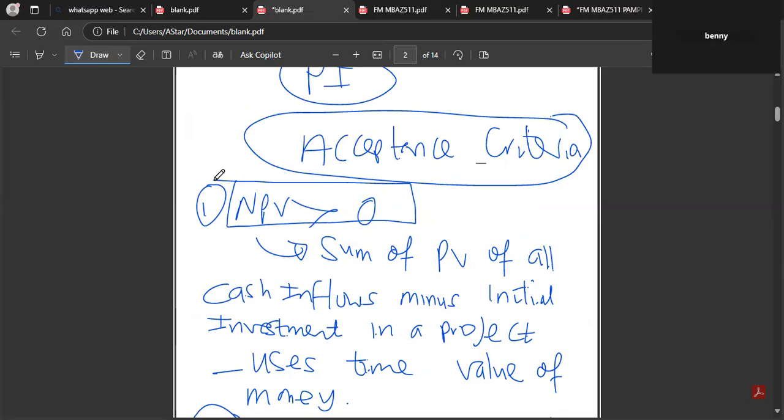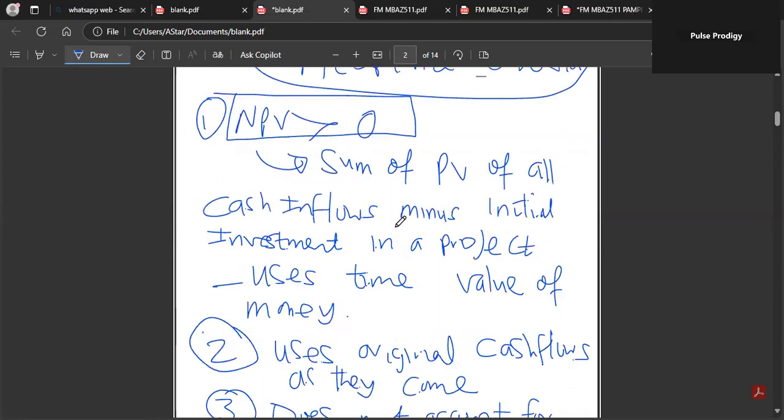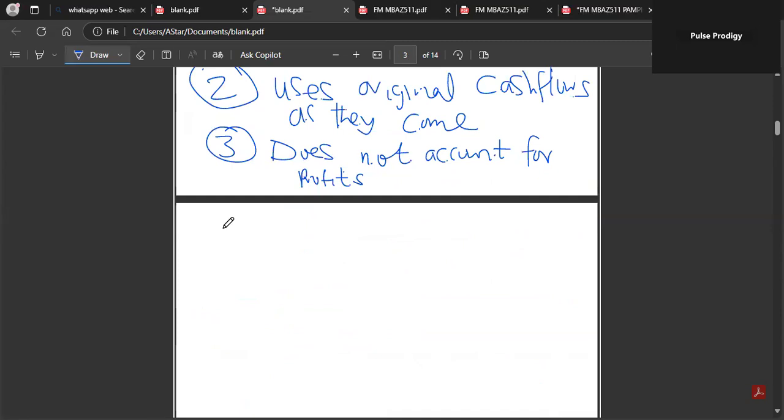Now we can get down to the other aspect, which is the payback period. What is a payback period? This is simply the time taken to recover the exact amount invested in a project.